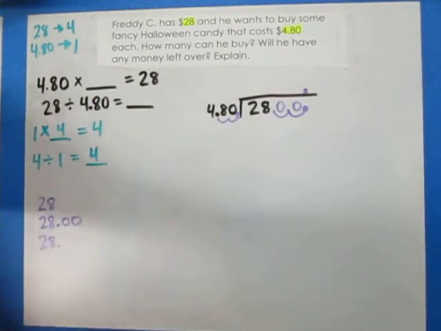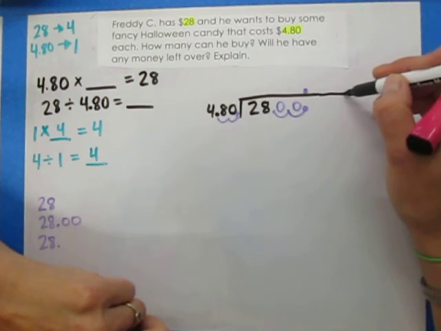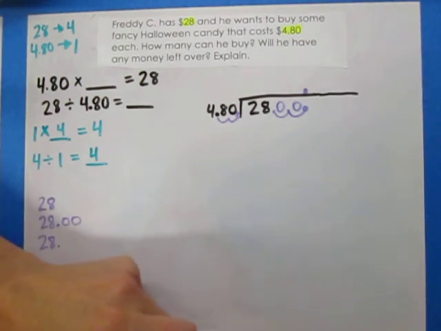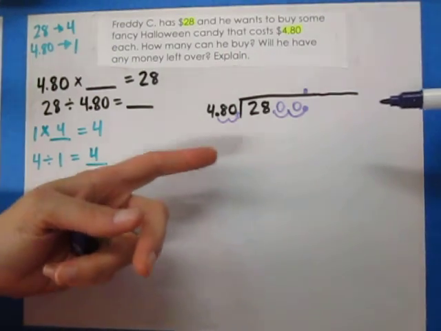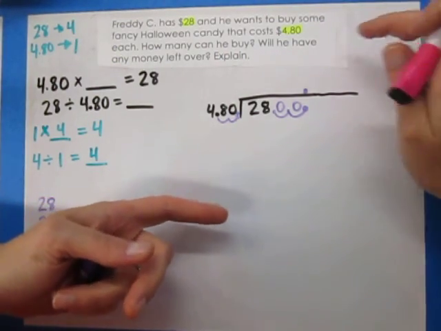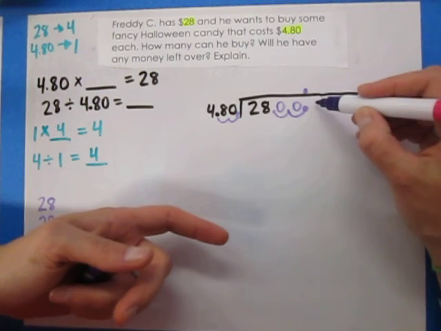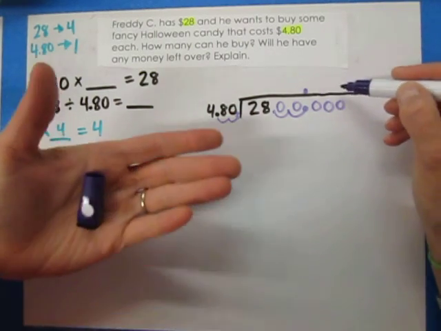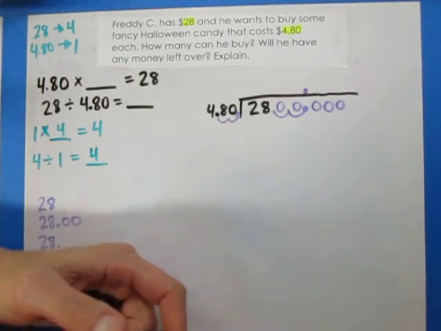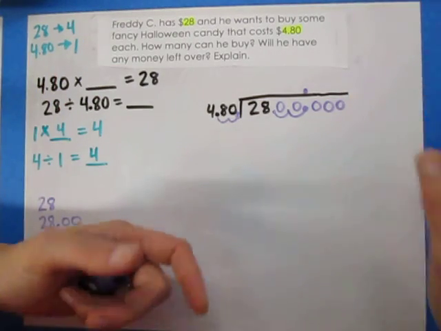And I will always tell you to go 3 digits past the decimal so that you could round to the nearest hundredth. So I'm going to just add 3 zeros, because then my answer is going to end up having 3 digits past the decimal.